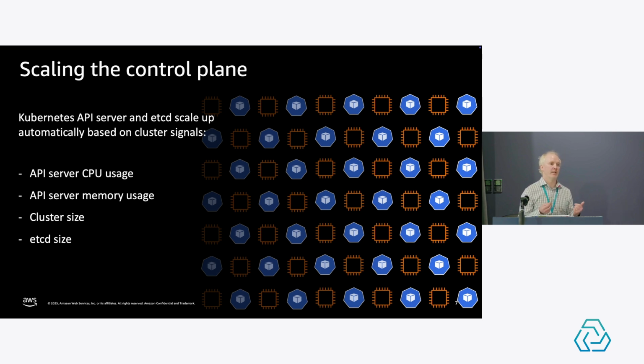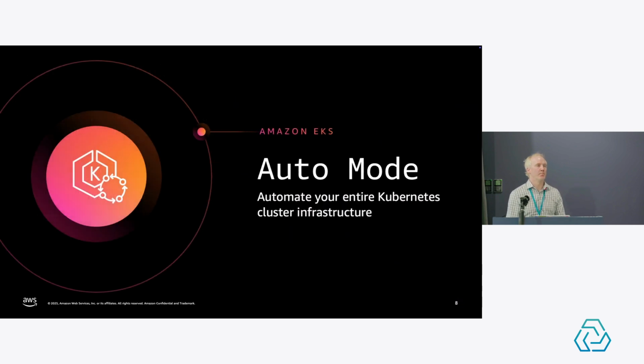We take signals such as API metrics, cluster size, and the size of the key value store, etcd, to scale the control plane. That will stay scaled for a number of days until we see that the usage drops on your application plane.